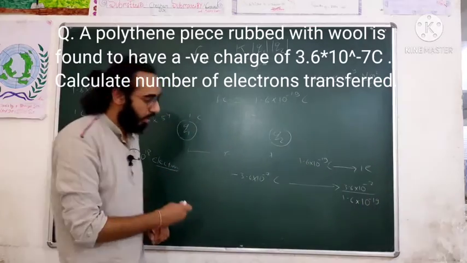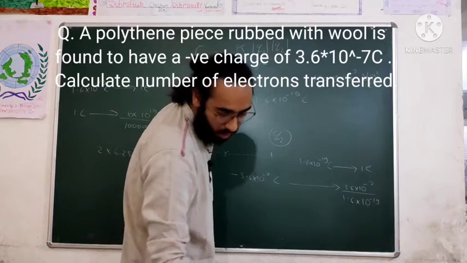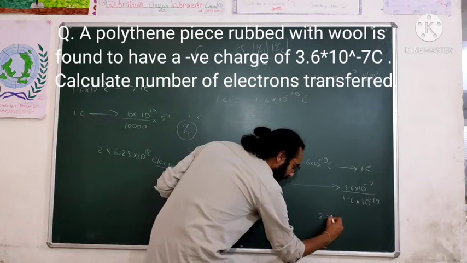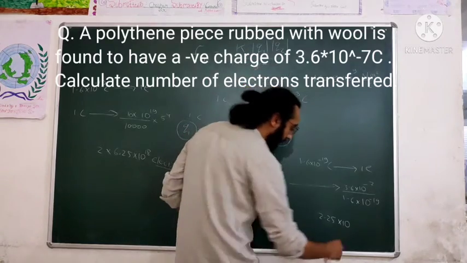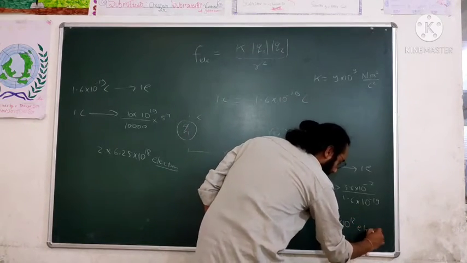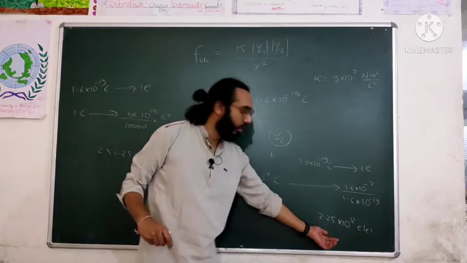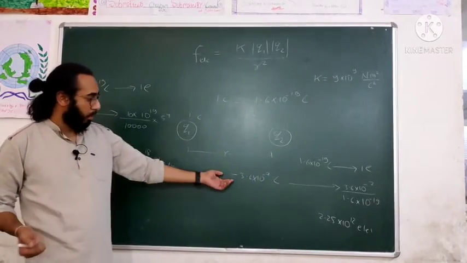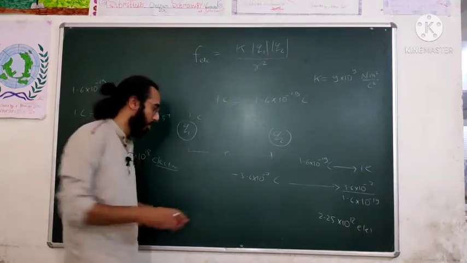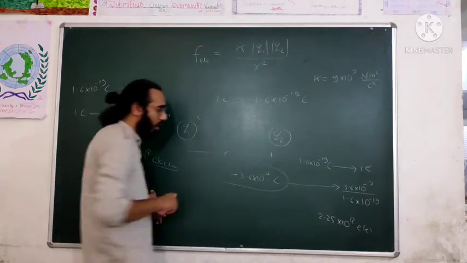On further solving we get 2.25 into 10 to the power 12 electrons. So this many electrons are transferred to this polythene, so its charge becomes this value. I think you all got the point.